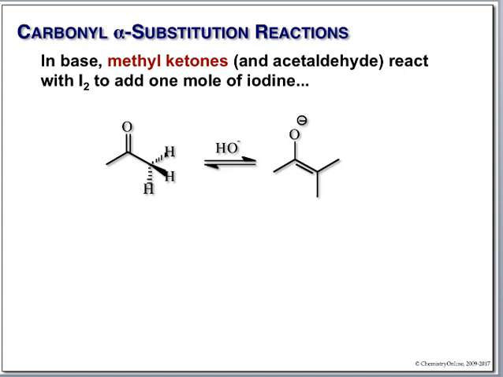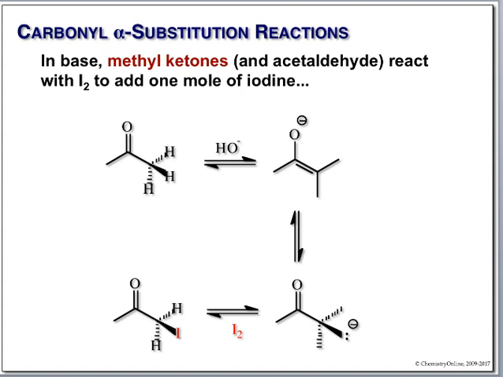Base catalyzed enolization. Okay, we can do that. Once we do this, we will put negative character here, like this. We have iodine in the pot. Not surprisingly, this is going to attack iodine, and we will make the alpha iodo aldehyde or ketone. Right?